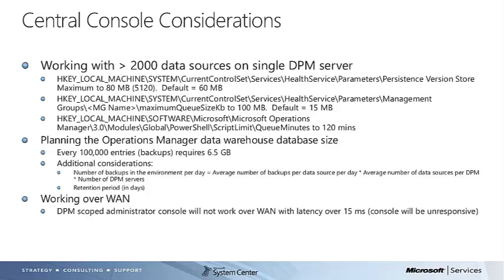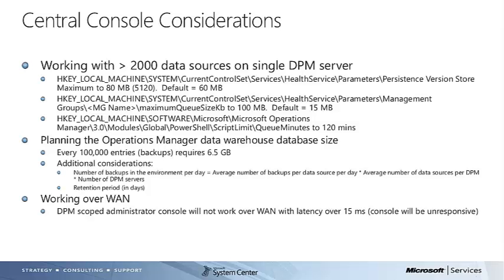A couple other things to be wary of. If you're managing through Ops Manager an environment with more than 2,000 data sources on a single DPM server, then there's a couple of registry keys that you're going to want to put in. So these again are in that same link that was on the previous slide, but just some things to be aware of.